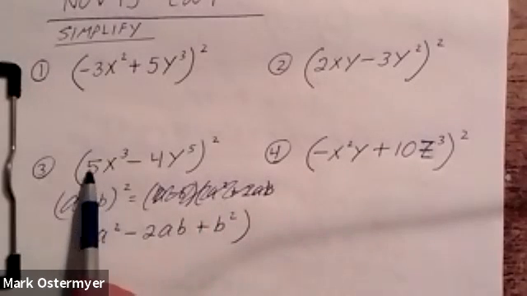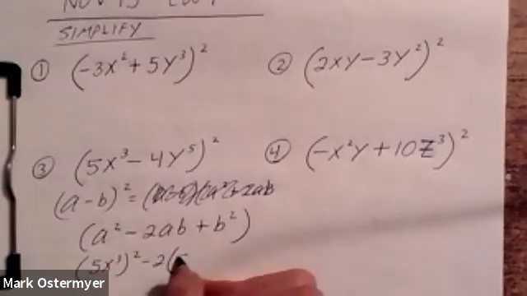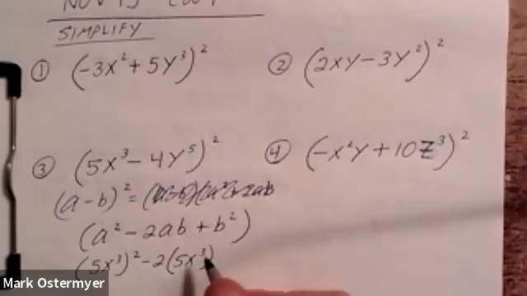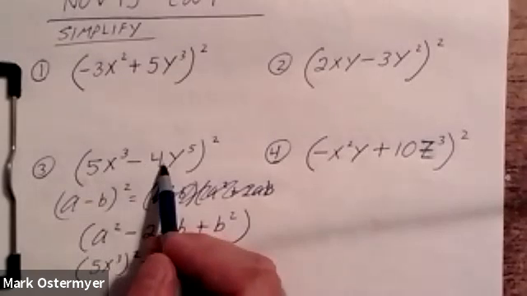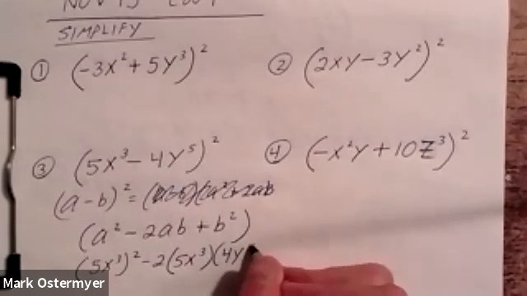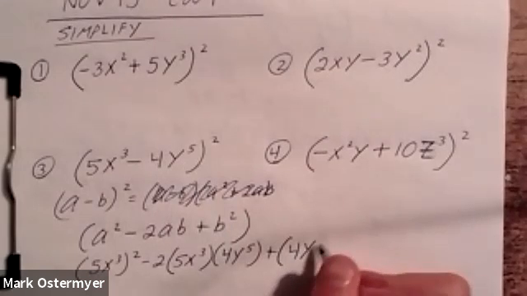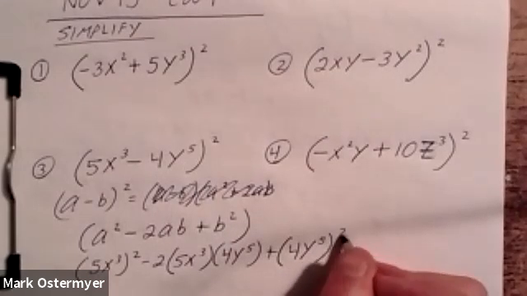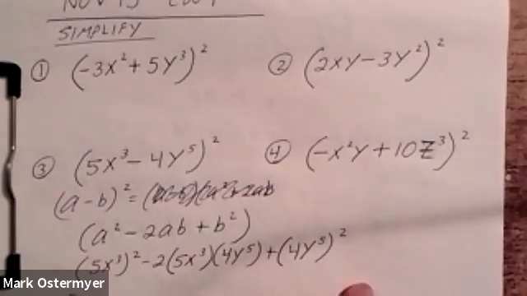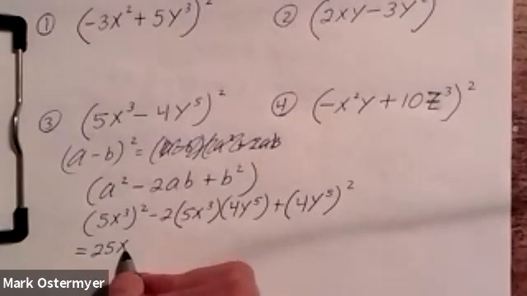So your A is really a what, 5x cubed. So wherever you see an A, you've got to put a 5x cubed. And where you see a B, your B is really 4y to the fifth. So you've got to put 4y to the fifth in here for B. And so what you're going to have here is you square this, you'll have 25x to the sixth.